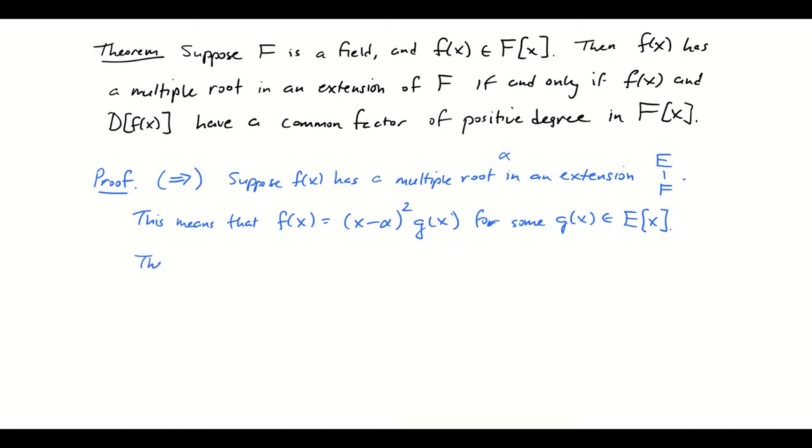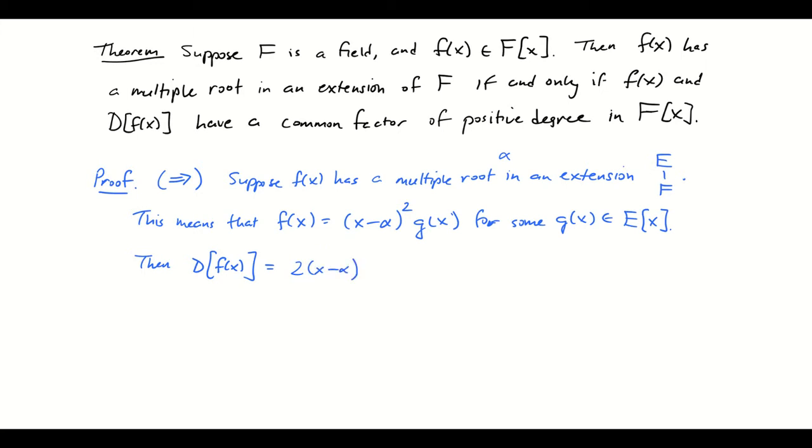So then, what is the derivative of f(x)? Well, I can calculate that using the product rule. The product rule says the derivative of this whole thing is equal to the derivative of this times g(x) plus this times the derivative of g(x). So let's write that down. The derivative of (x minus alpha) squared is 2(x minus alpha).